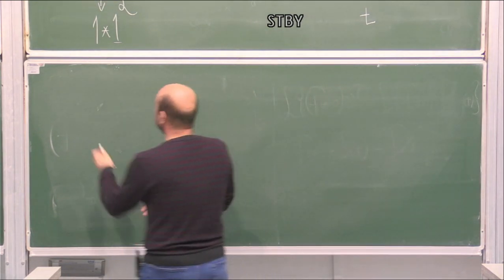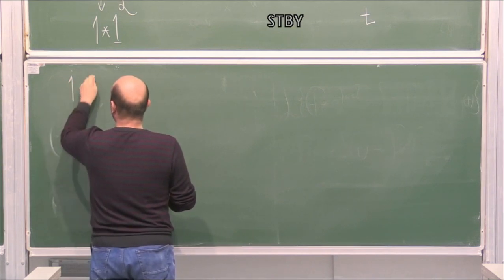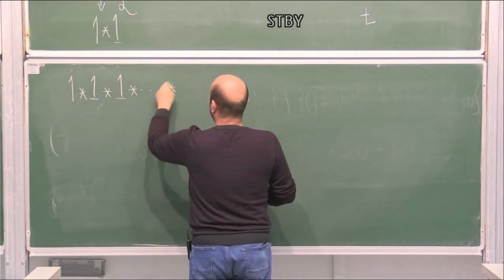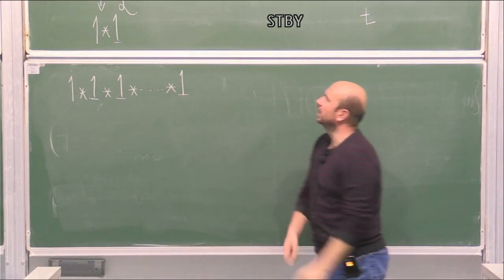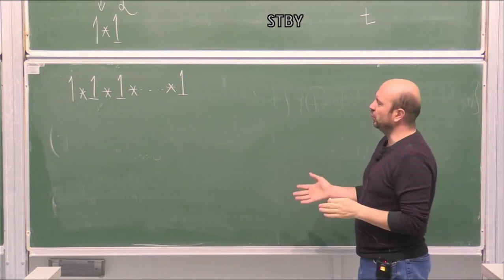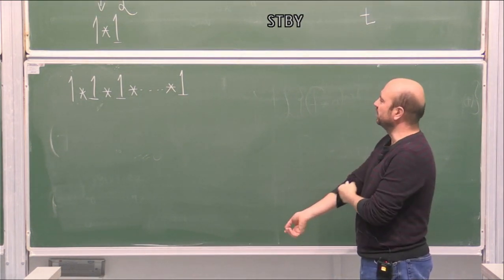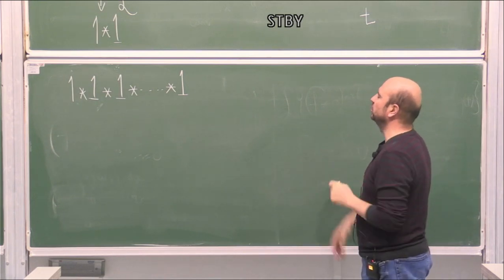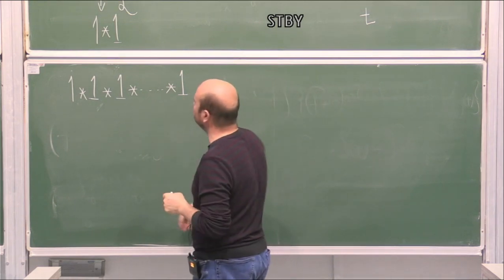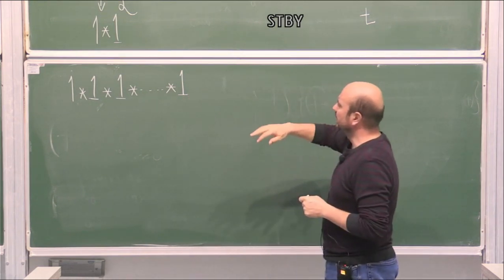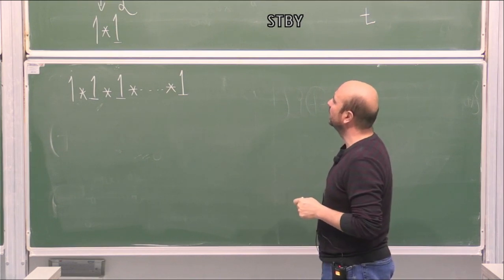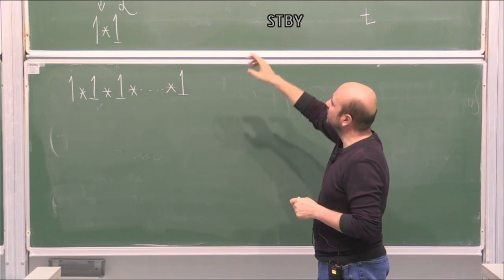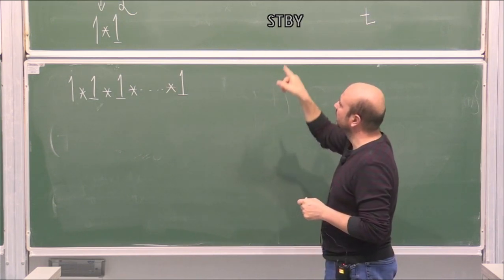So if you look at 1 star 1 star 1 star 1, how about this as a second example? We know that convolution is associative, so it doesn't matter which one you do. You can group them and then continue. You can do it one by one, but I want to do it directly by using the second method I did.